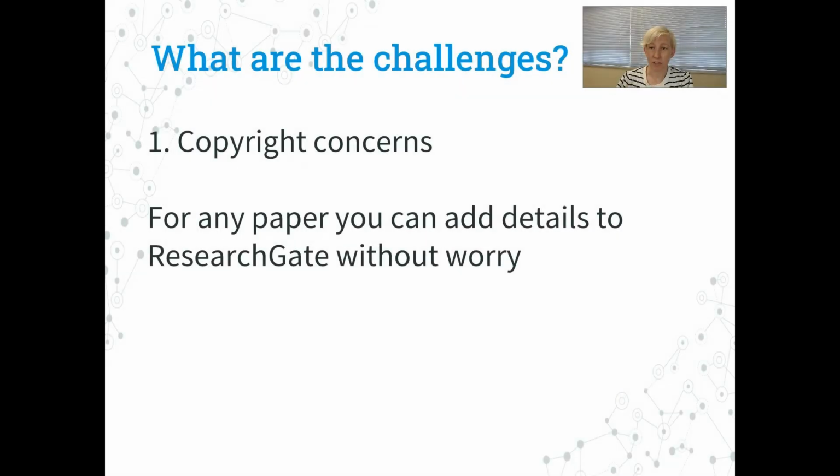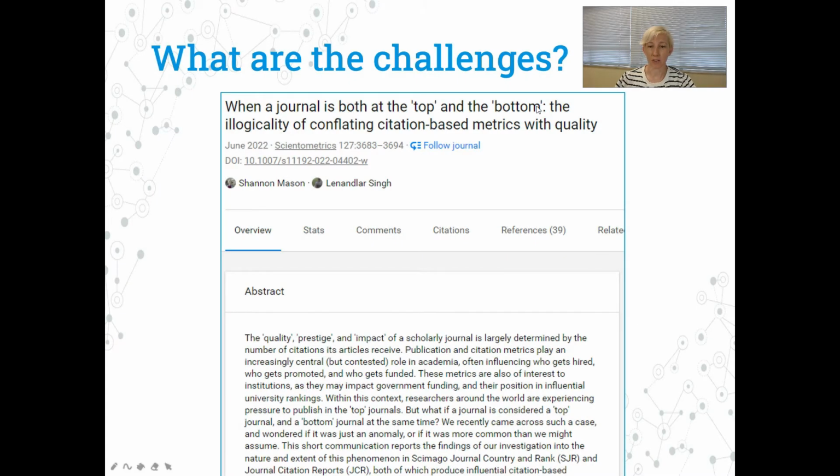So the first is that for any paper that you publish, you can always add the details to ResearchGate without any worry. So not the paper itself, but you can add, of course, the title, the journal it comes from, and the link, so other researchers can go and access it. Hopefully they have access.